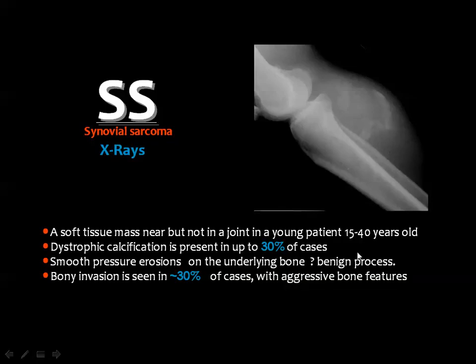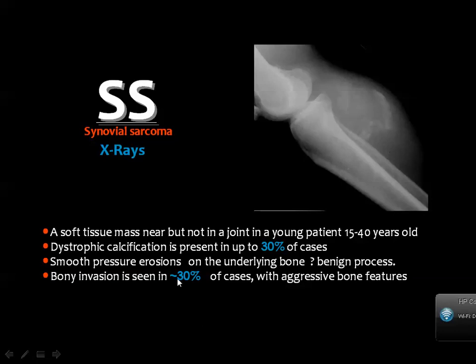The tumor occurs in young persons and is slowly growing. It contains calcium and can be associated with pressure erosion. All these criteria may lead to the misdiagnosis of a benign tumor.